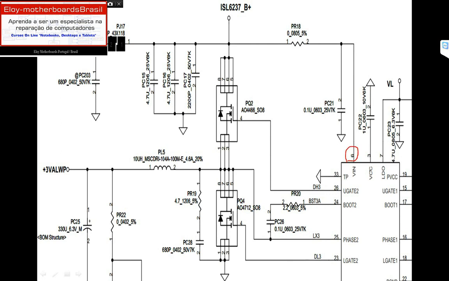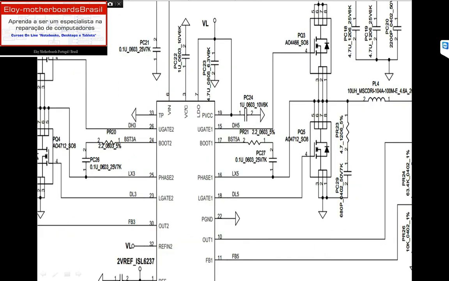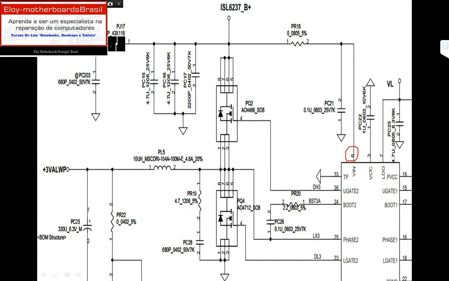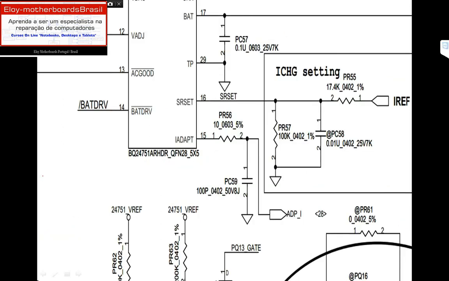Oh, no, this is next lesson. This is 3.3 volts and 5 volts, next lesson. I told you that this lesson is only about 19 volts. So this is lesson number 1.